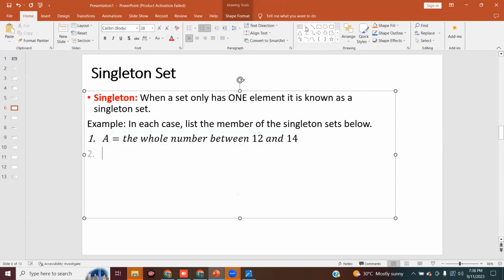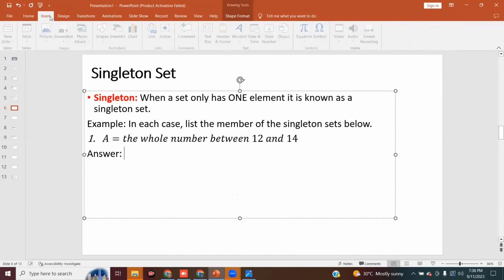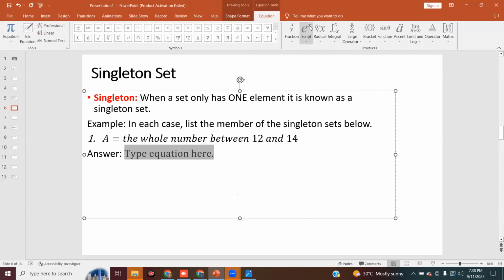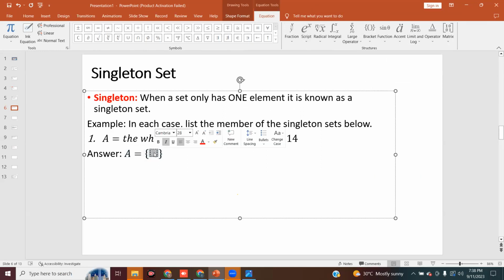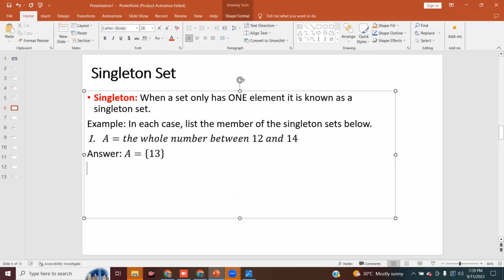So what is the singleton set? You're gonna say the set A is equal to what? 13. Just 13. It only has 13 in it. Okay. Good. Number 2.